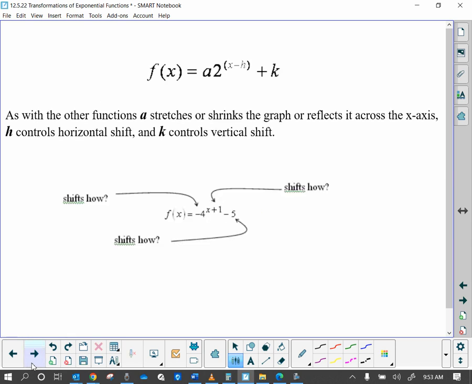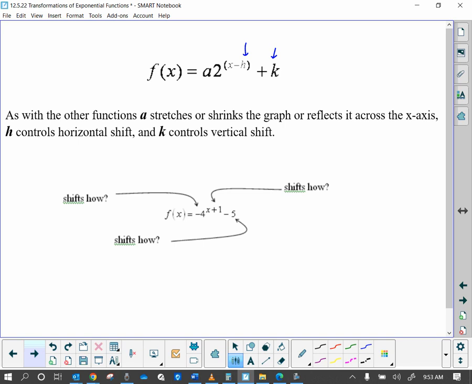So let's review. As with other functions, a stretches or shrinks the graph or reflects it across the x-axis. h controls the horizontal shift. This is h. And then k controls the vertical shift.